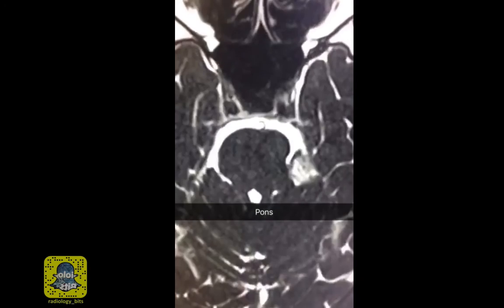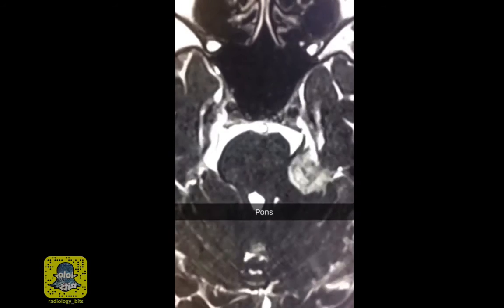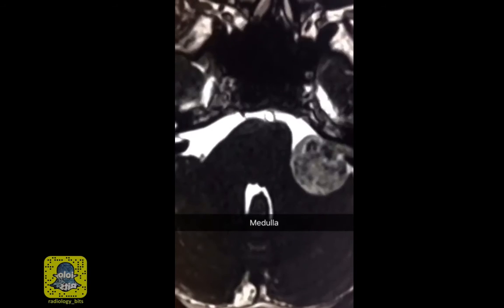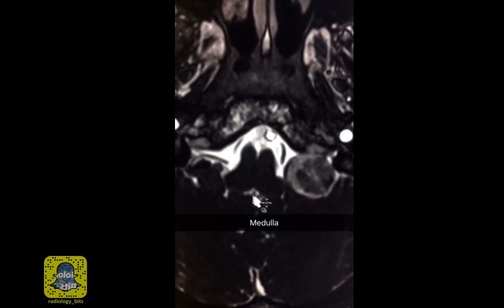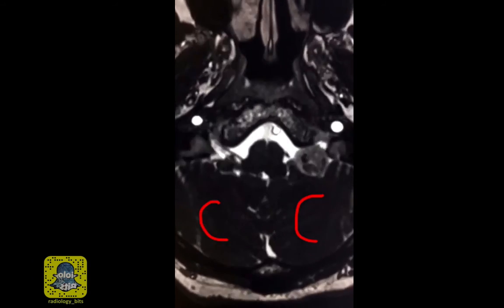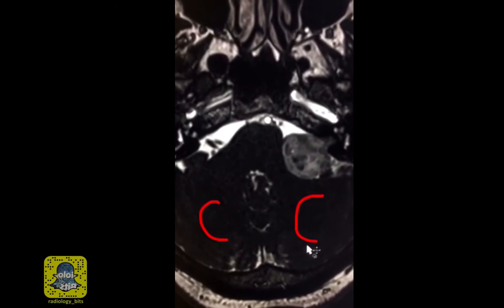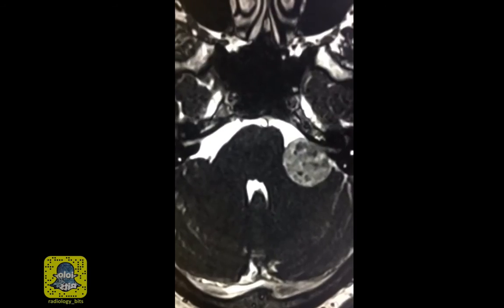Going lower down, you'll see that you have this component that has a big belly, which is also known as the pons. And as you go further lower down, you have this component here, which is the medulla oblongata. That's for the three brainstem components. Then you have these two big structures here, which are the cerebellar hemispheres.